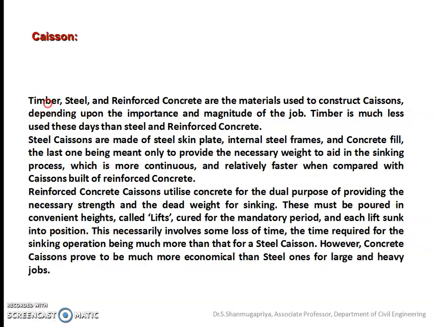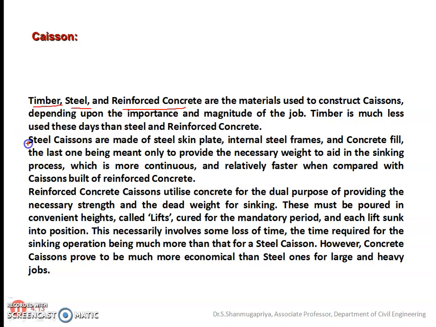Now we'll see the different materials which are used in the construction of caissons. We normally go for timber, steel and reinforced concrete, depending upon the importance and magnitude of the job. Timber caissons are used much less nowadays than steel or reinforced concrete caissons.